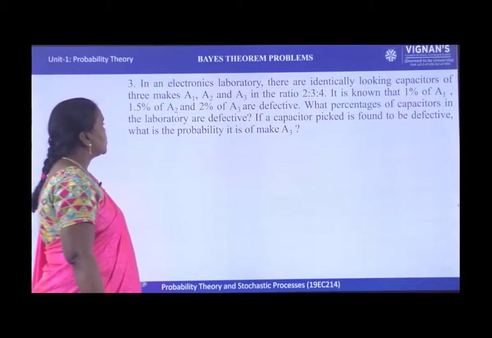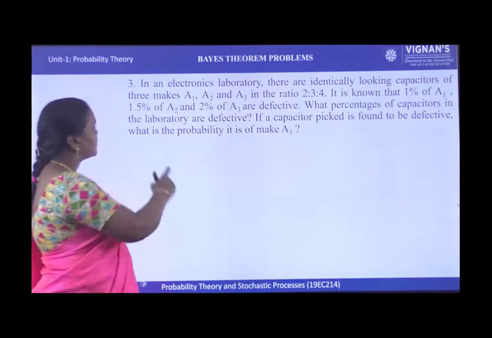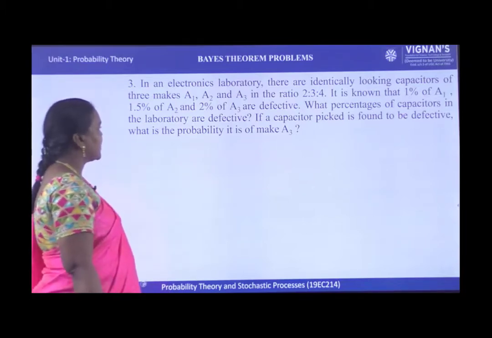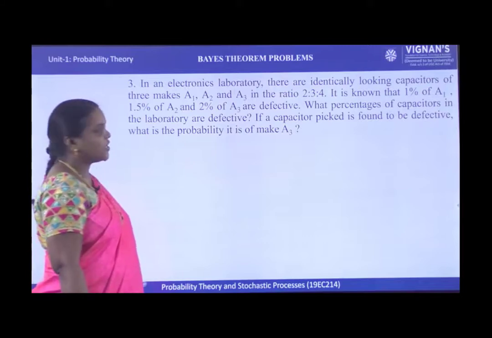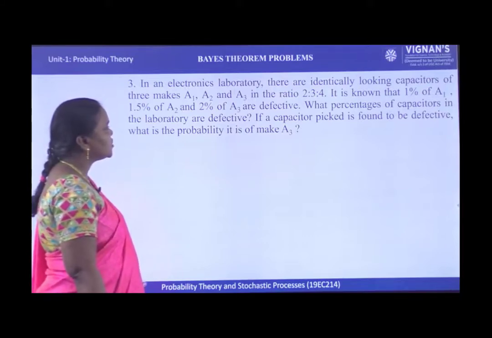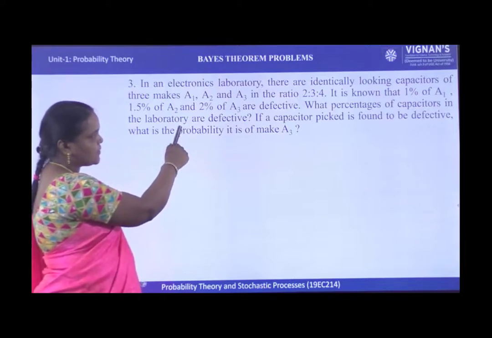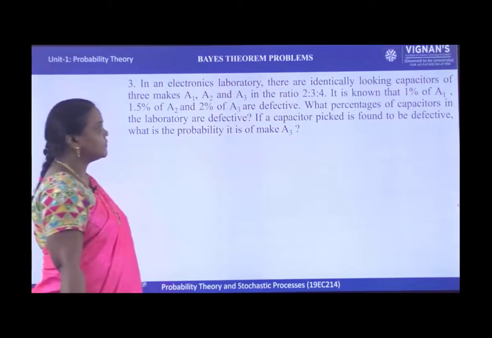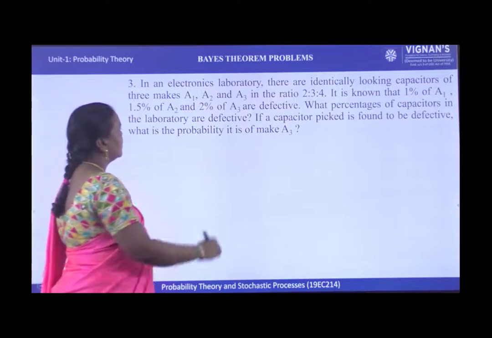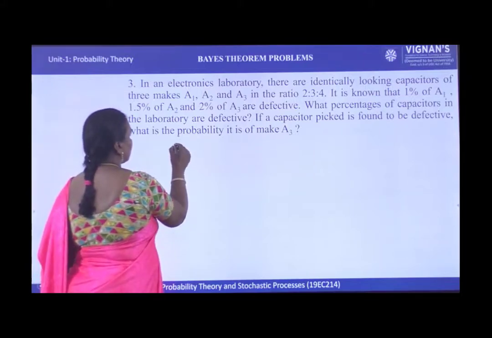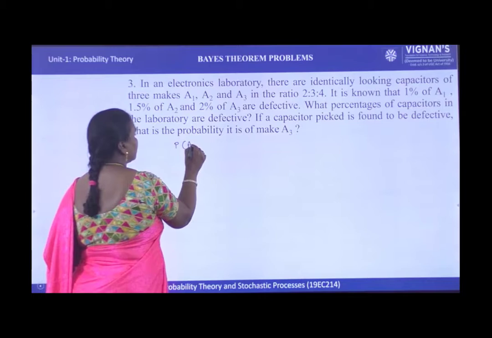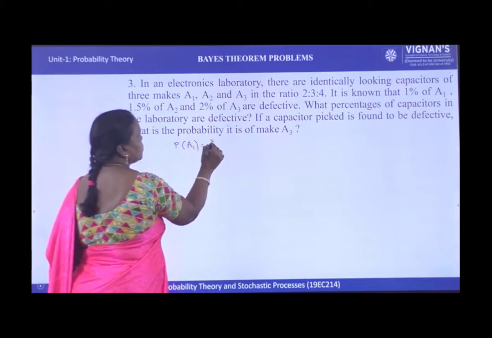So first let us take, here 3 companies are manufacturing the capacitors in the ratio 2:3:4, means total how many? 2 plus 3, 5, 5 plus 4, 9. Okay. So what is the probability of selecting an A1 product? 2 by 9.